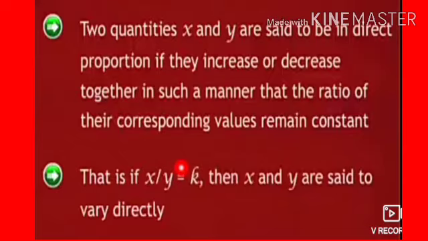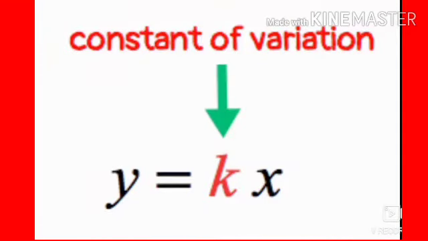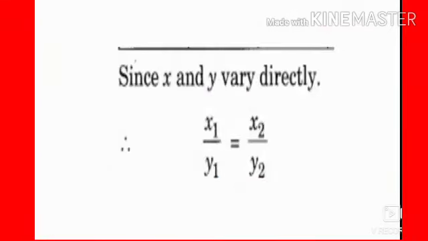That is, if x by y is equal to k, then x and y are said to vary directly, where k is a constant of variation. And the condition of x and y in direct proportion is x1 by y1 is equal to x2 by y2.